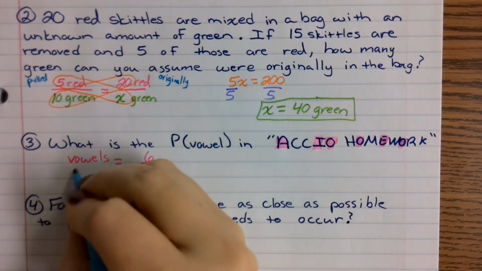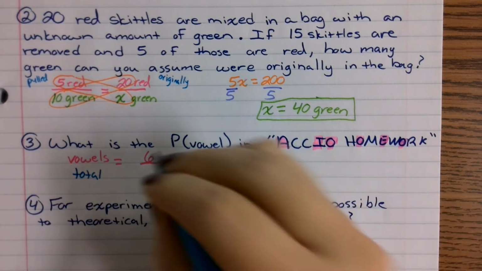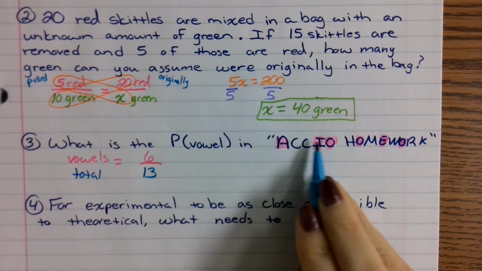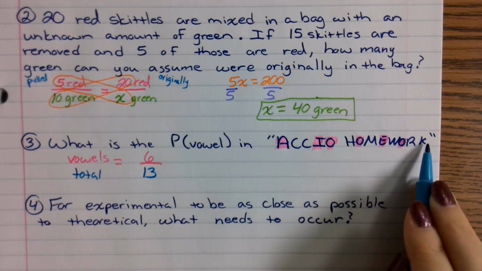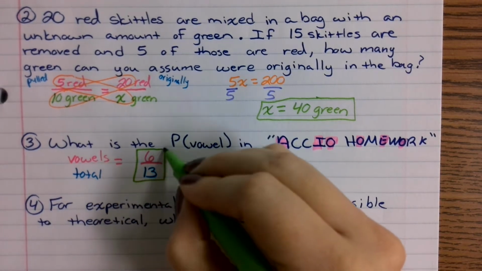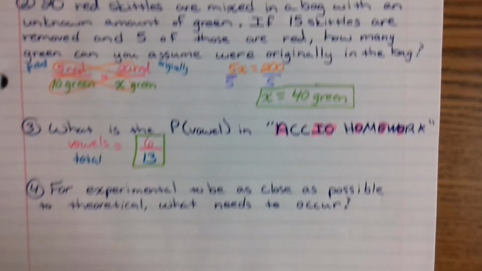And then how many total letters are in the statement here? 15. No, not 15. 13. 13, right? 1, 2, 3, 4, 5, 6, 7, 8, 9, 10, 11, 12, 13 letters. So 6 out of 13. Cannot be simplified. If you plug it into your calculator and hit enter, it will still come out as 6 over 13. It's as simplified as it gets. It's a nice and easy one for you.